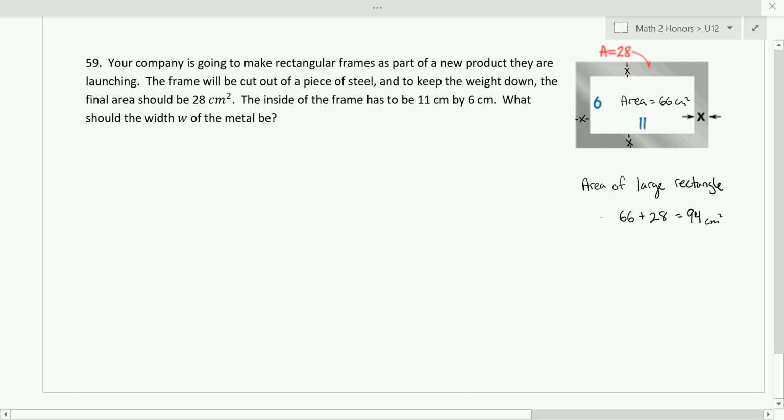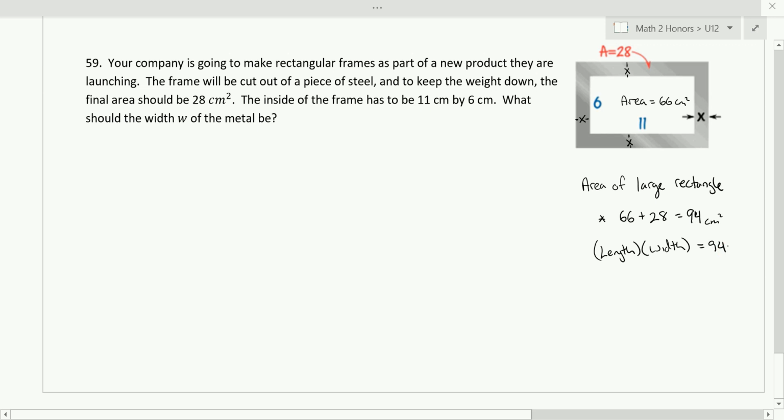Okay, so another expression for the area of the large rectangle is length times width, right? And we know that the length times the width is going to equal 94.